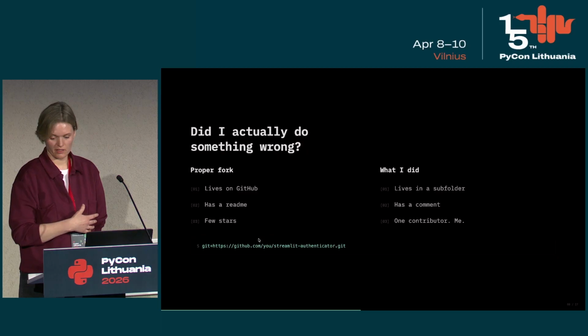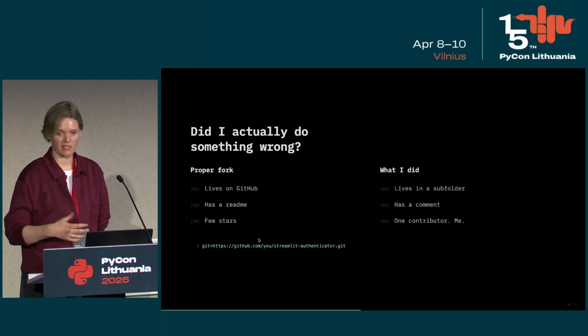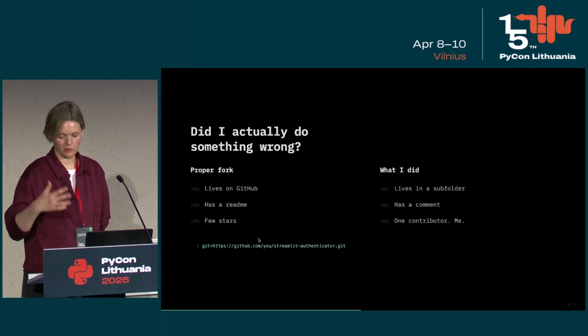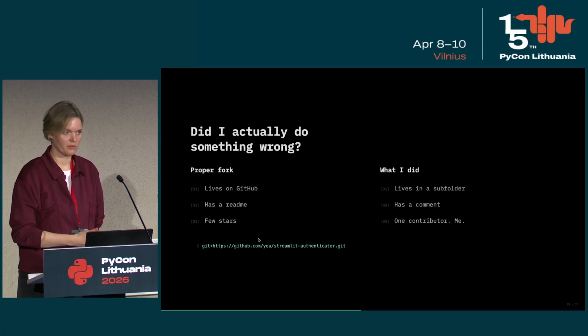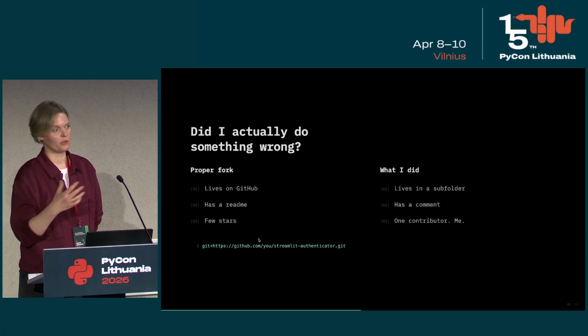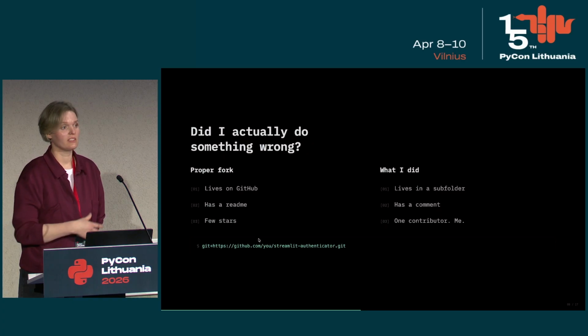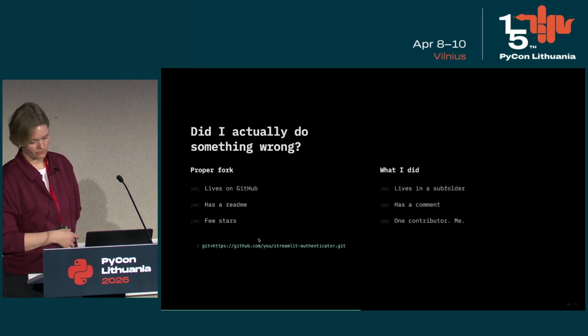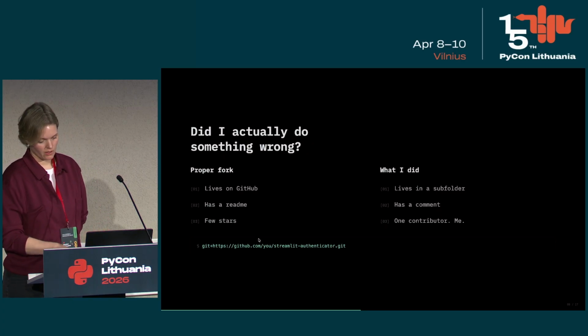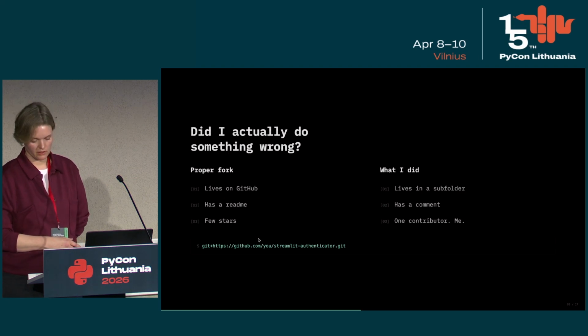And forking a library is completely normal. It's how open source works. Somebody built something, you needed one little thing, so you take it and change it to your use case. The ecosystem runs on it. But what is the difference between what I did and a proper fork?